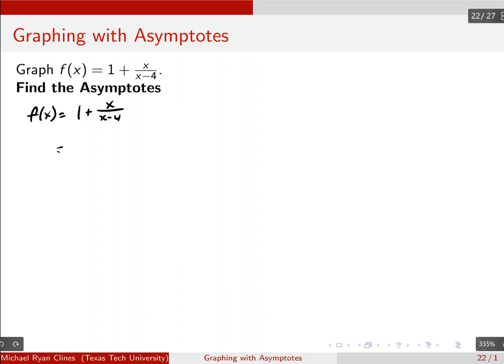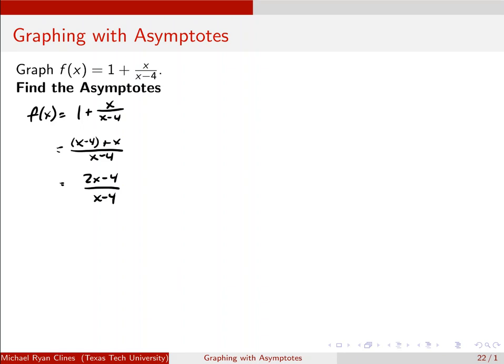So this is equal to x minus 4 plus x over x minus 4. Well, that's just equal to 2x minus 4 over x minus 4. All I have done here is combined the two fractions into one. I just find it's easier to work with it that way.